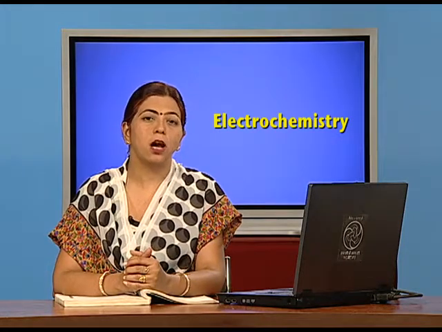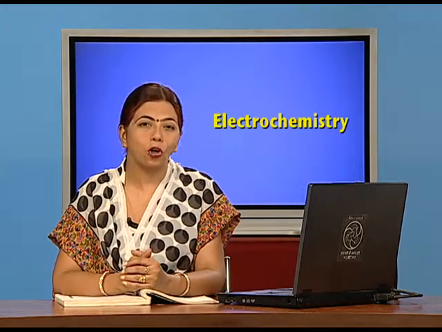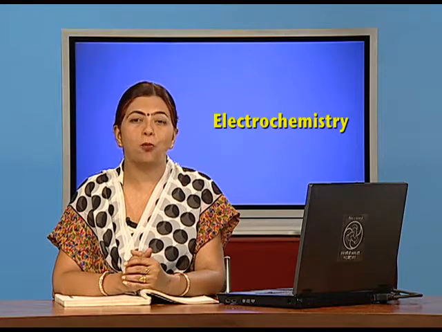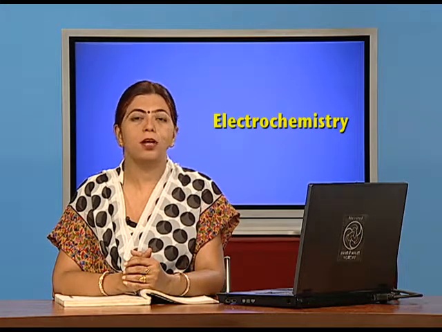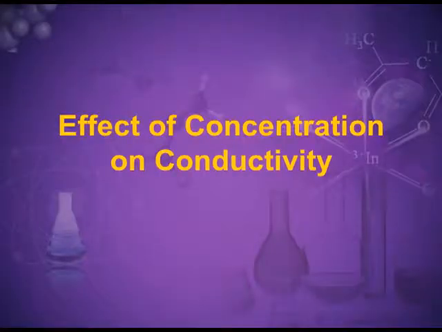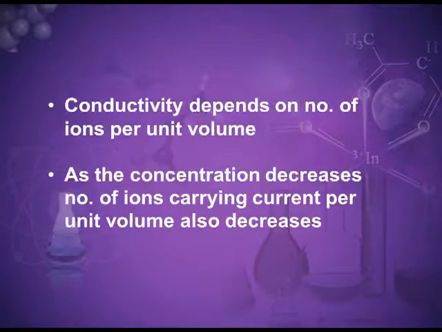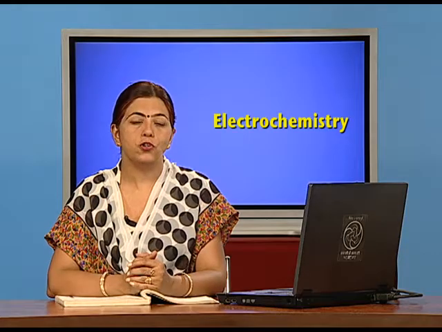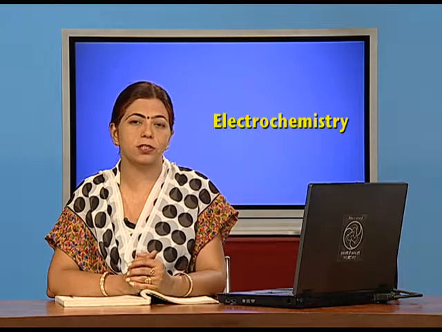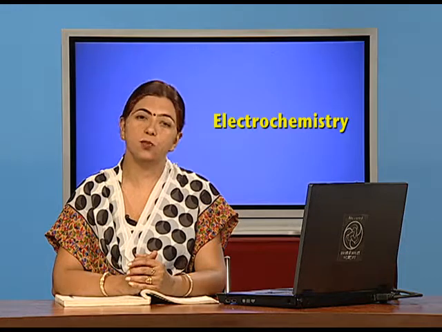Let us study how the concentration or dilution affects both of them, kappa and lambda m. First of all, effect of concentration on conductivity. As we know, it depends upon the number of ions in 1 centimeter cube of the solution. So, when the solution is concentrated, the number of ions is more.